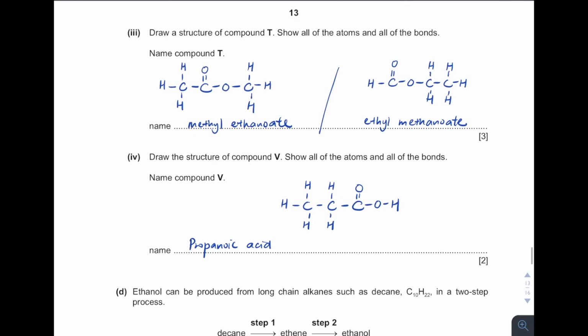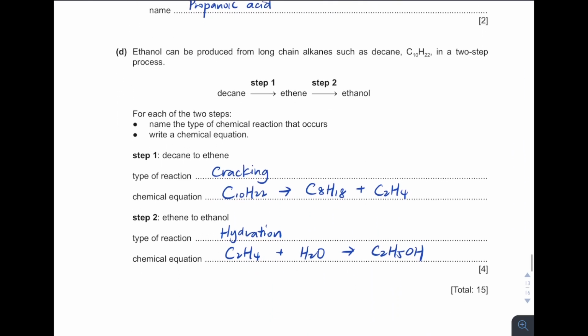Right, okay, next one. Chemical reaction, you see, step 1. From decane, alkane to alkene. So what's the reaction called? Cracking. Again, the chemical equation of cracking is mentioned already. This is ethene, so we know that ethene has to be one of the products. Then you balance the equation.